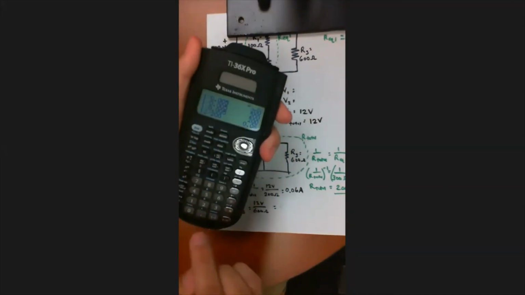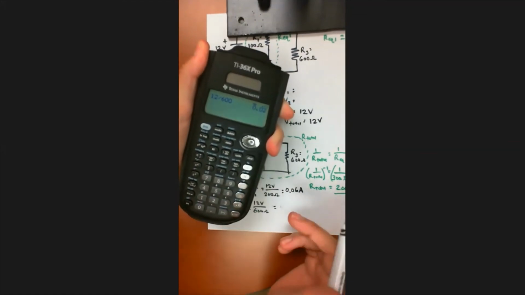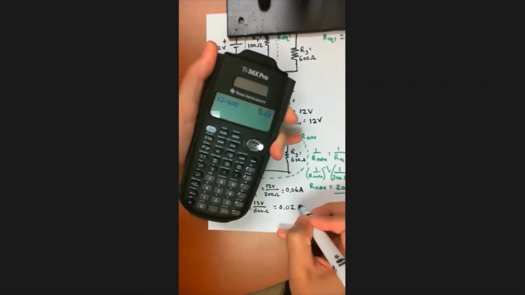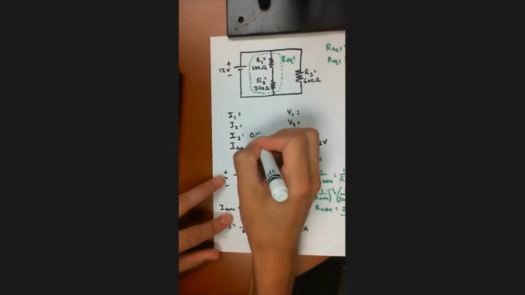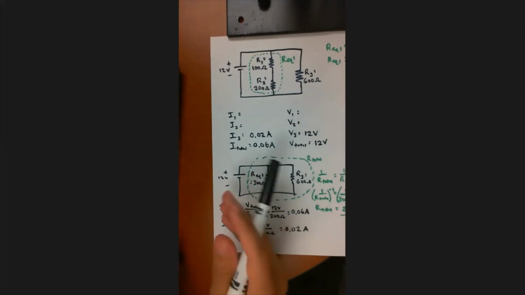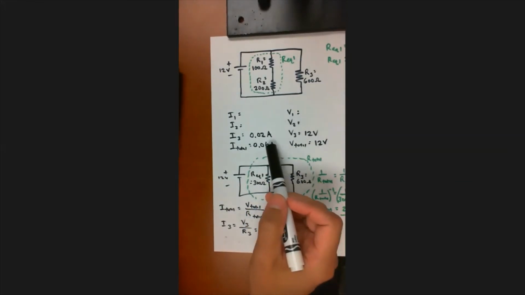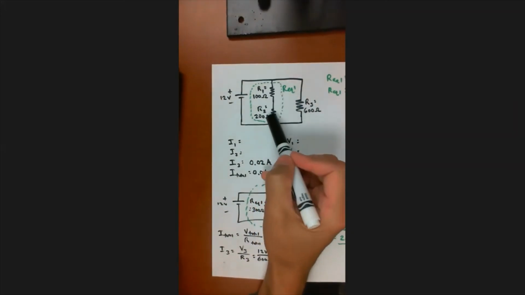It's going to be a pretty small number. 12 divided by 600 gives me 0.02 amps. Okay, so I3 is 0.02 amps. All right, now we've got everything that we need to know about resistor 3, and about the total voltage and total current. What we have left are these two right here.